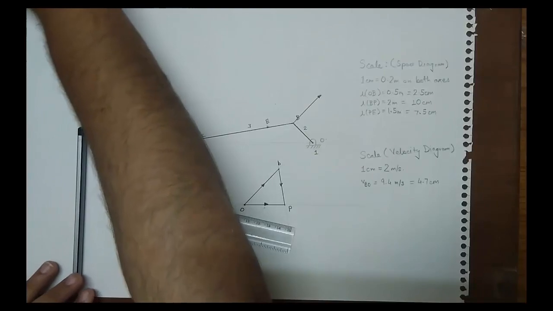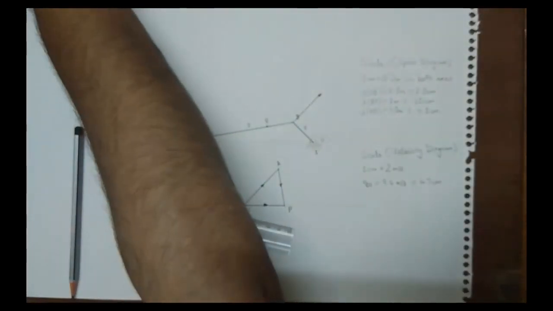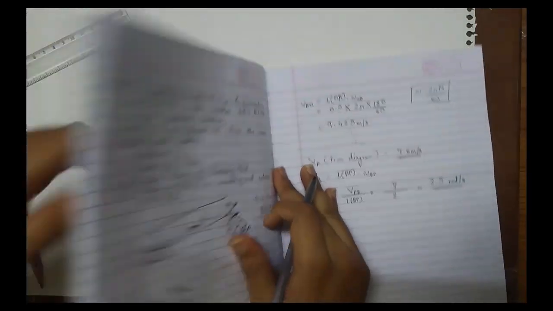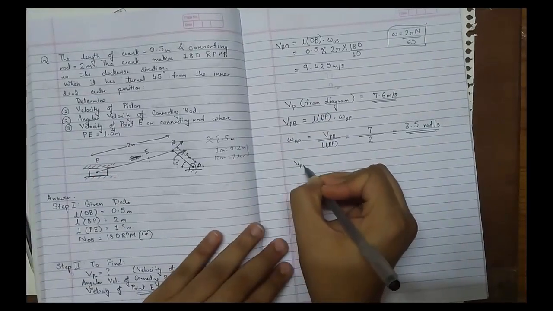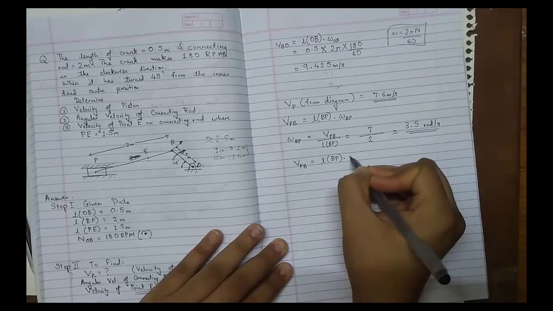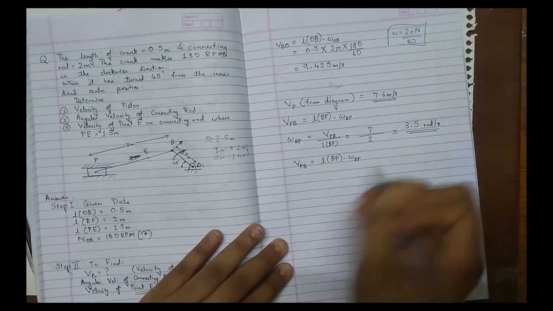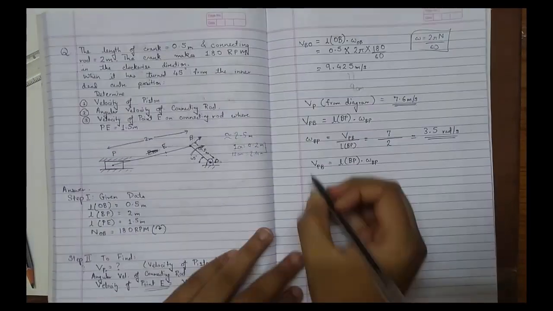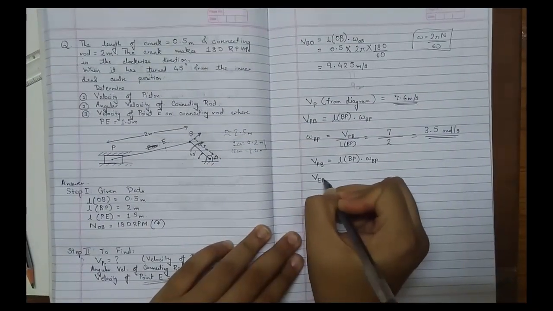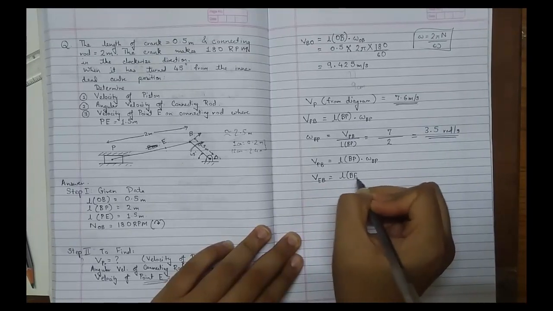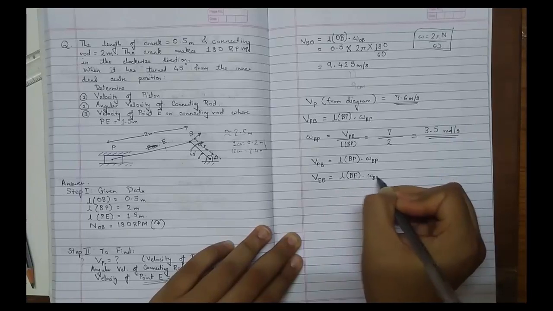So using this logic, we can write down like this. Velocity of P with respect to B is equal to length BP into omega BP. We can also write velocity of E with respect to B is equal to length of BE into omega BE.